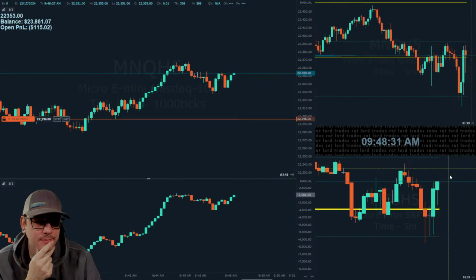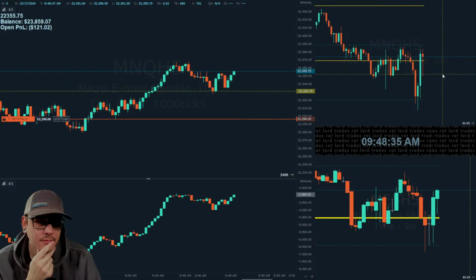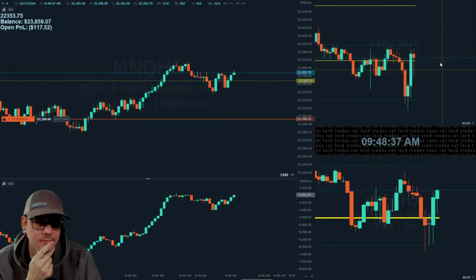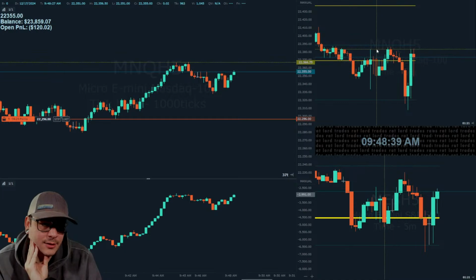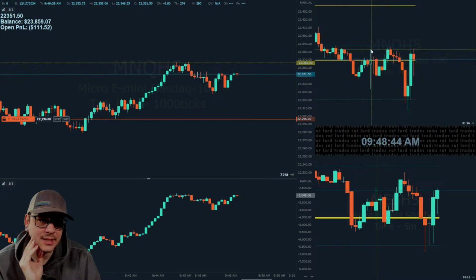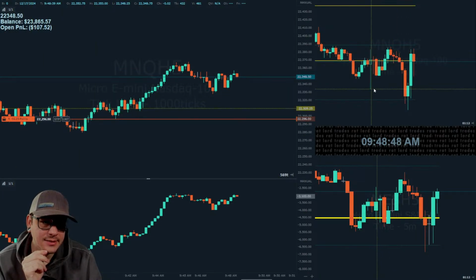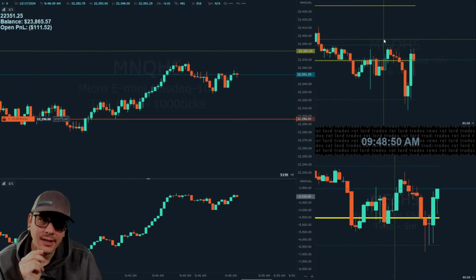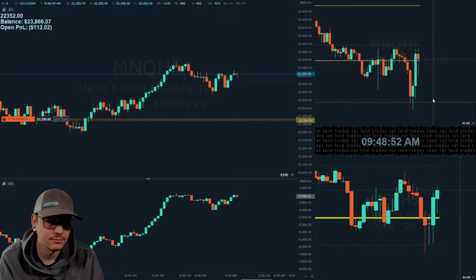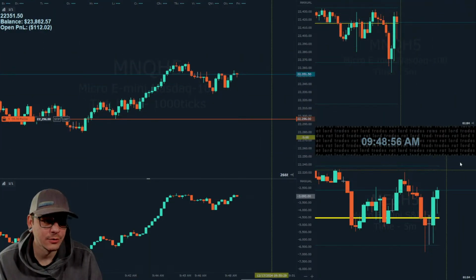Either we just keep grinding or we're going to wick up above this 830 candle, which there was some news at 830. So we came down and took out the lows of that, and then we could go up and take out the highs, and then it turns around and just rolls over.